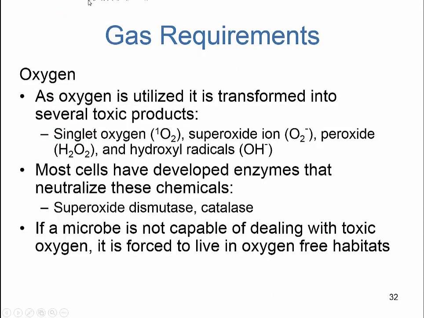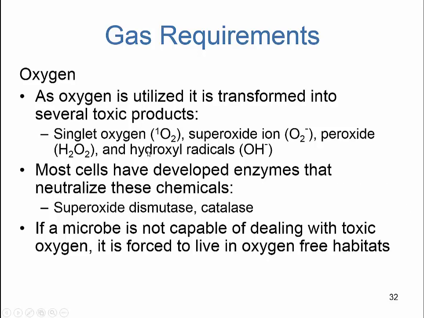And so when we think about the other requirements, such as gas requirements, gas is distinctly described as oxygen or carbon dioxide. In this case, we're going to discuss oxygen. Oxygen can be very toxic if you don't have the proper enzymes to detoxify it. So oxygen gas must be detoxified by superoxide dismutase or catalase. Any aerobic microbe must possess superoxide dismutase or catalase.